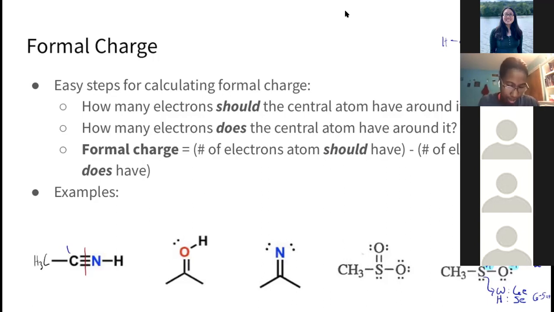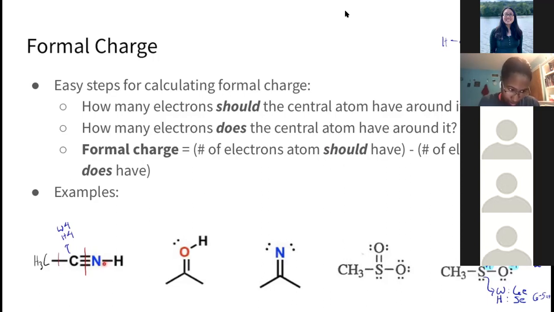I would say that this carbon has 1, 2, 3, 4 electrons around it. So that carbon is pretty happy because, as we just discussed, carbon wants to have 4 electrons. And I would say that this nitrogen over here has 1, 2, 3, 4 electrons around it as well.